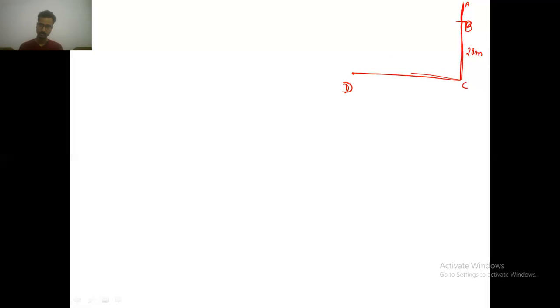Now see, for a transmission tower, A is the top point of your transmission tower, and B is the bottom point of your transmission tower. Now see, from the point on the ground, the angle of elevation of the bottom, that means this one. So B is the bottom point of your transmission tower.